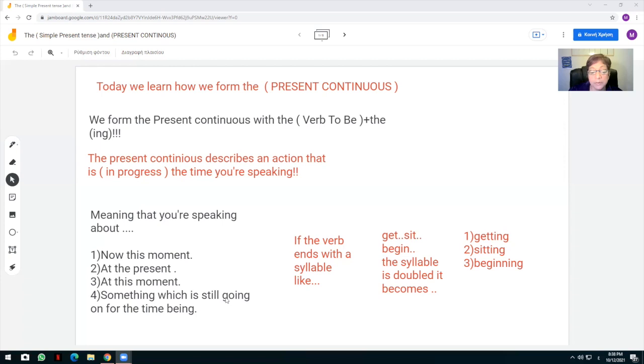It means that something is going on, it is continuing, it is still going on.